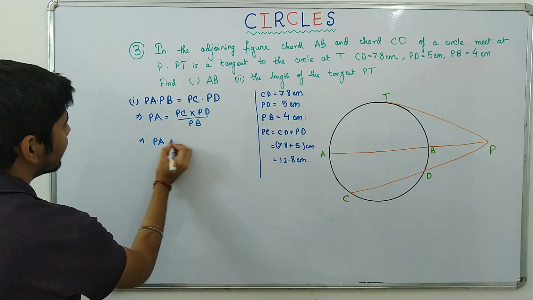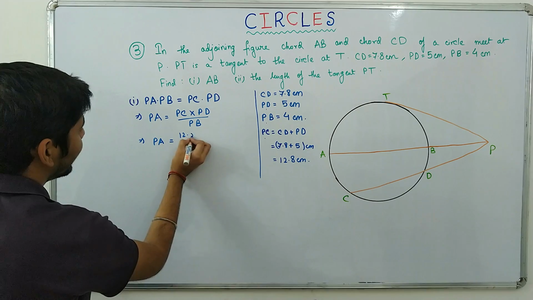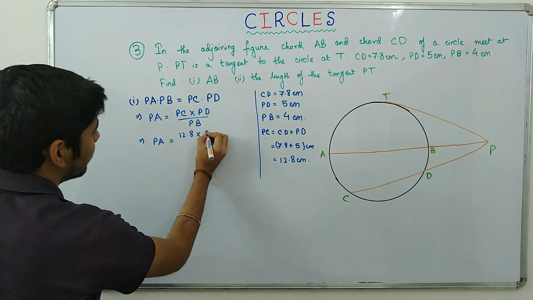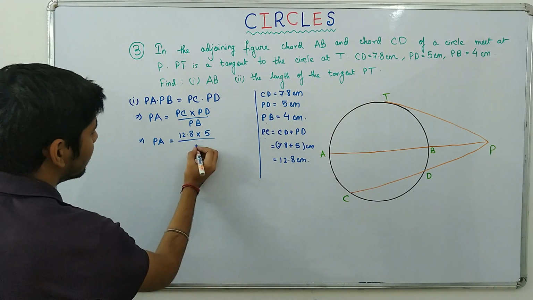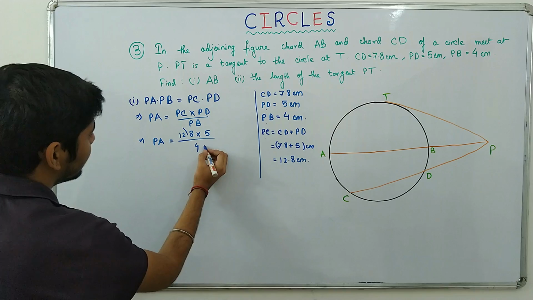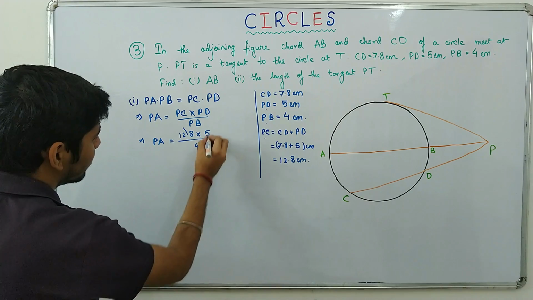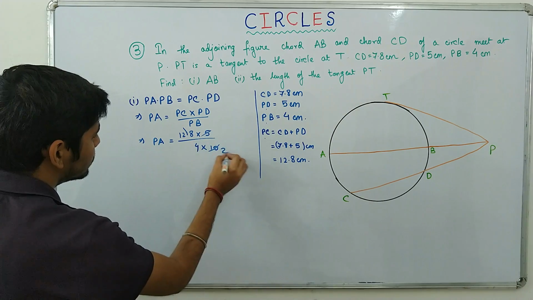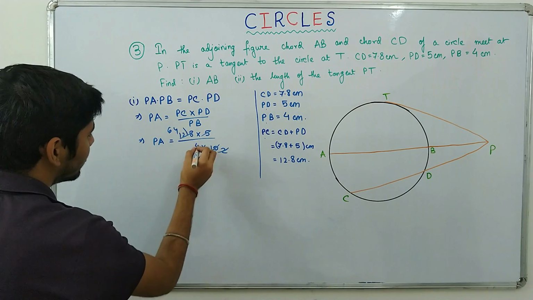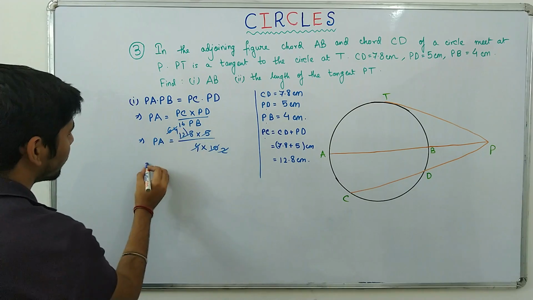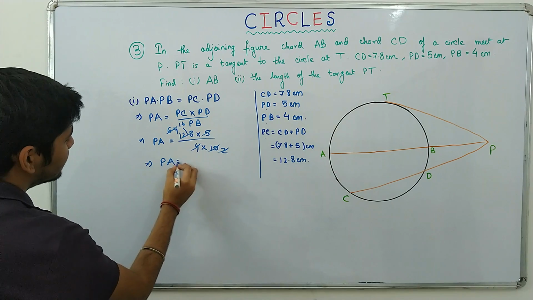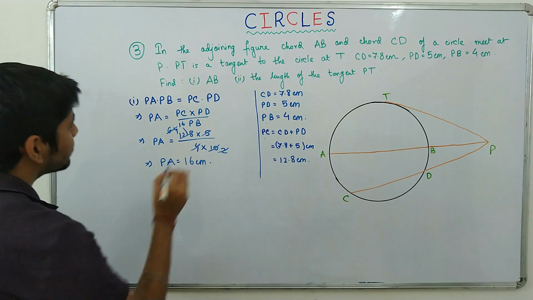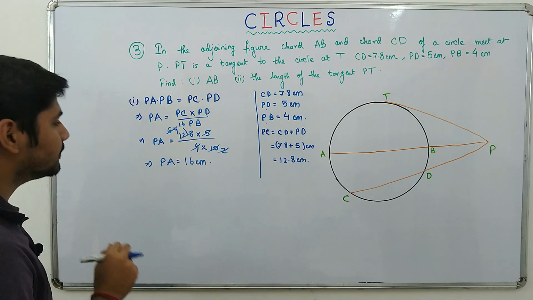So let's do that. So we have PA is equal to PC into PD by PB. So PA is equal to 12.8 into 5 divided by 4. So we get 10 over here, 2 4s are 8... 2s are 64 and 4 16s are 64. So PA is equal to 16 centimeter. But we need to find AB.